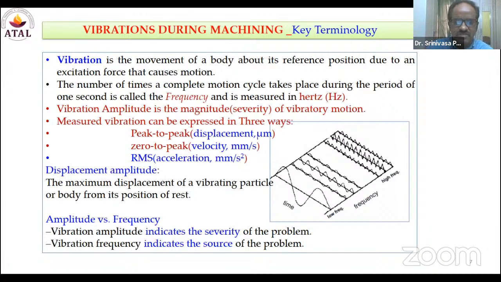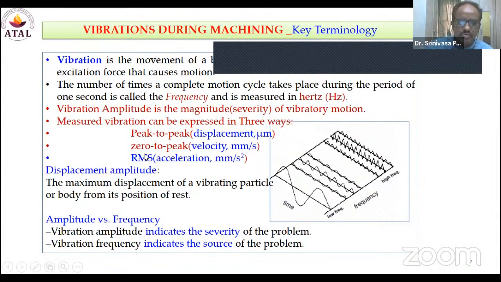Displacement will be expressed in terms of microns. If the amplitude is considered 0 to peak, that is called velocity. If it is considered peak to peak, that is called displacement. If we consider the RMS value, that comes under acceleration. These are the 3 ways you can express the amount of vibration.